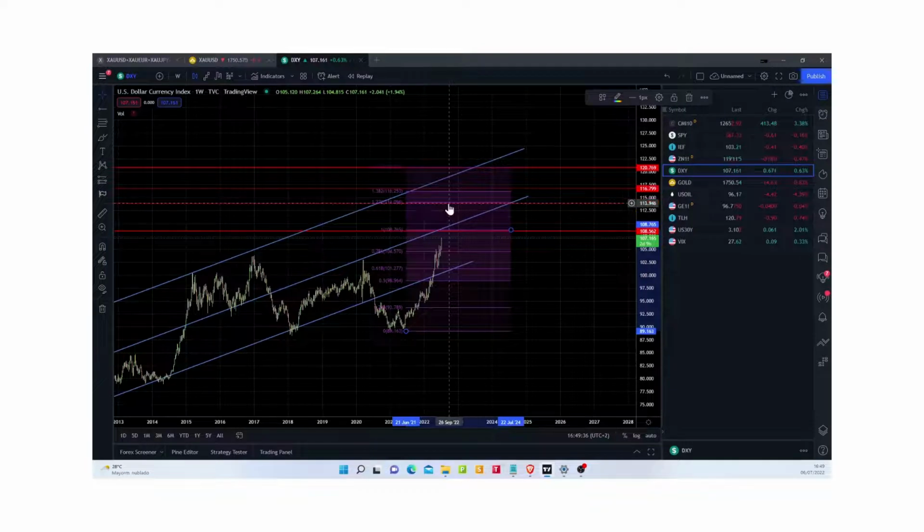And indeed, we see how these two intermediate levels in the Fibonacci scale are pretty much coincident with these two layers of resistance that we see on the way up to the 120 that corresponds in this case to the 1618% extension of that parabolic move that we are currently in.